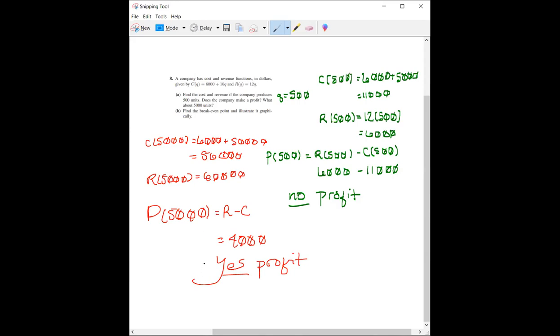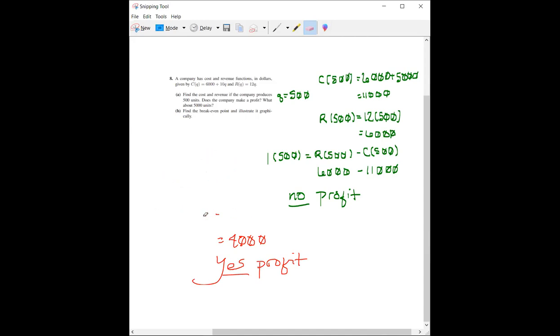Okay. Our next task is to find our break-even point and illustrate it graphically. Let's graphically illustrate our cost function first. So looking at our cost function, can you tell me what the slope and y-intercept is going to be?